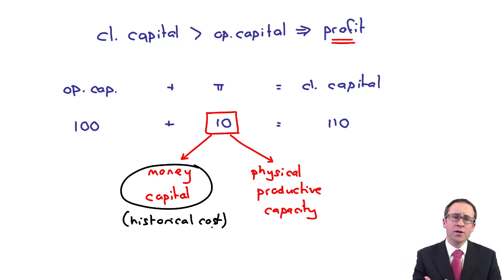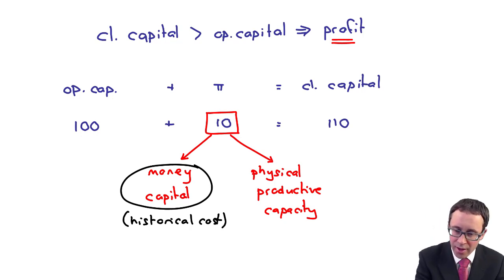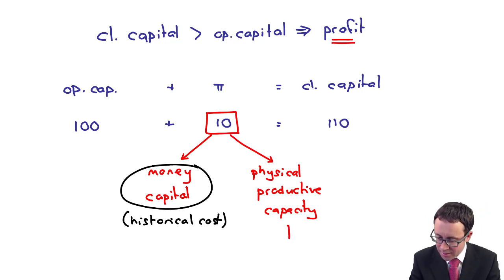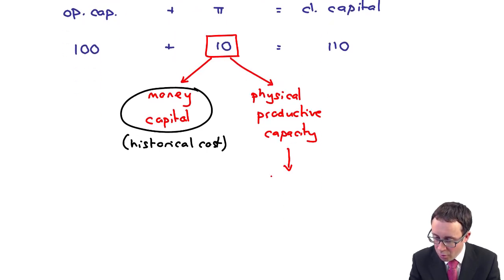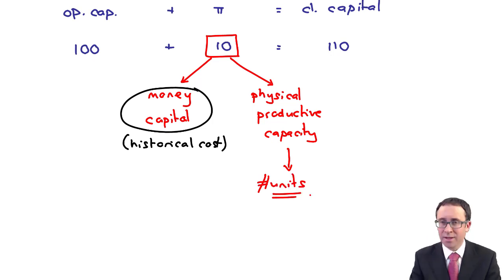Okay. The physical productive capacity is effectively looking at it from an ever so slightly different perspective. Here, you're looking at it more from a number of units perspective.